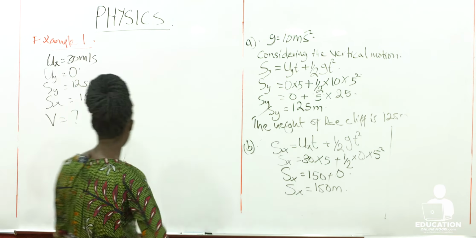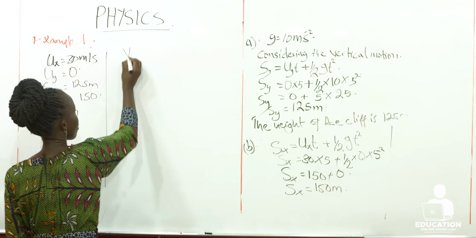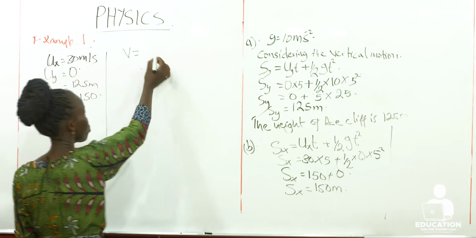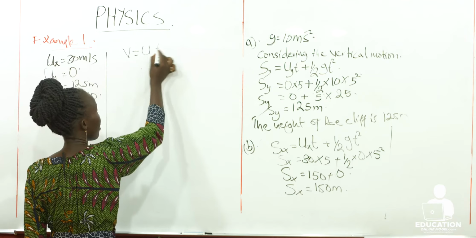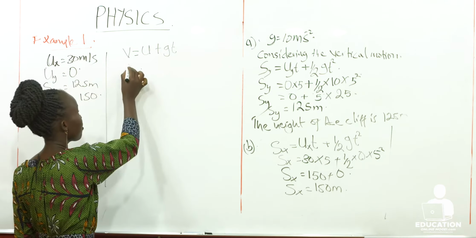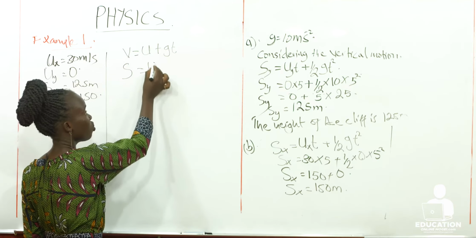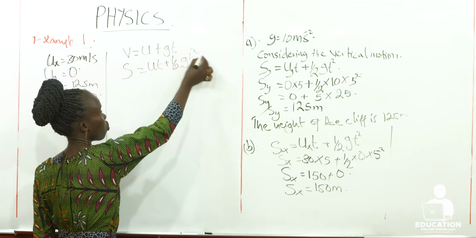We have this equation: V is equals to U plus GT. We also have this equation, S is equals to UT plus a half GT squared.